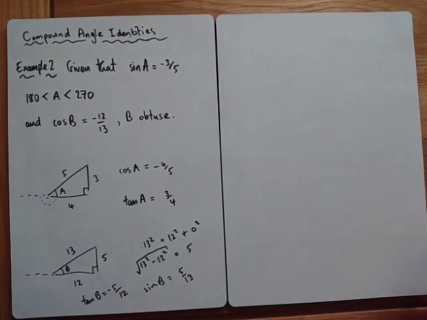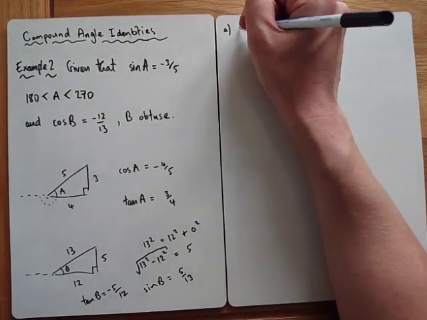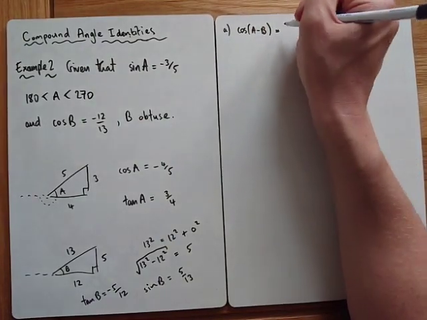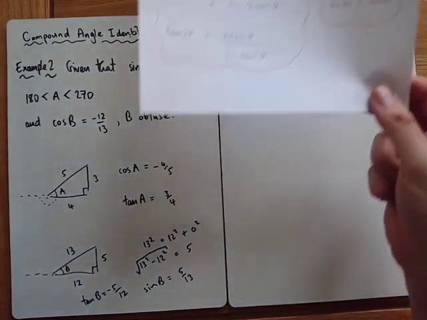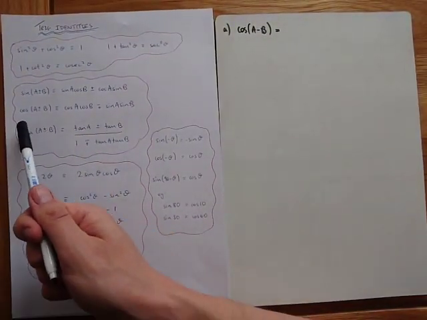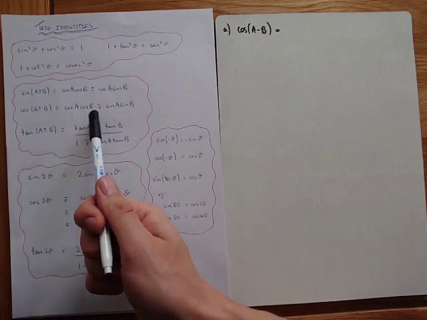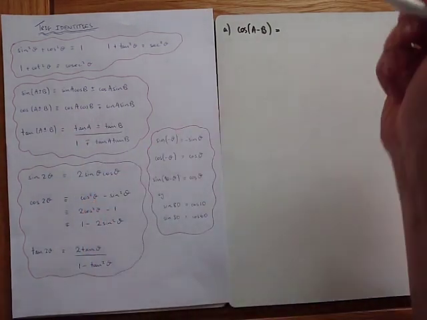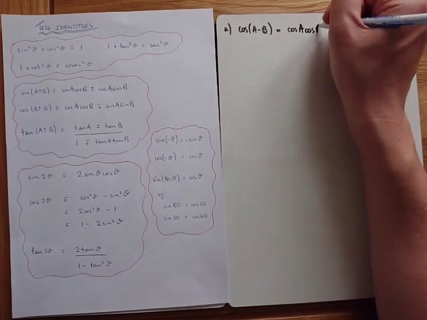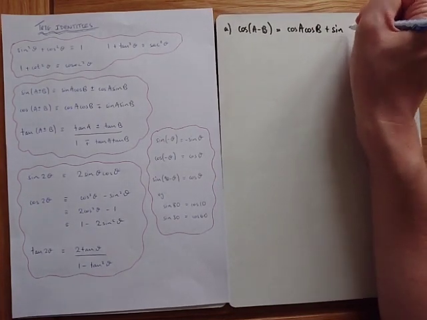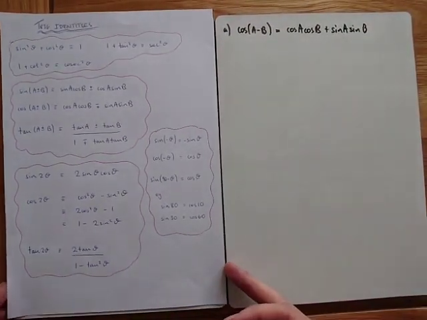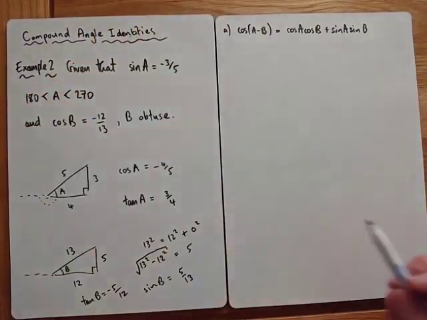Alright, it says find the value of cos of A minus B. Okay, you might want to refer to these, remember you get them in the formula booklet. Cos of A minus B is cos A cos B plus sin A sin B. So then we can just fill in what we know.